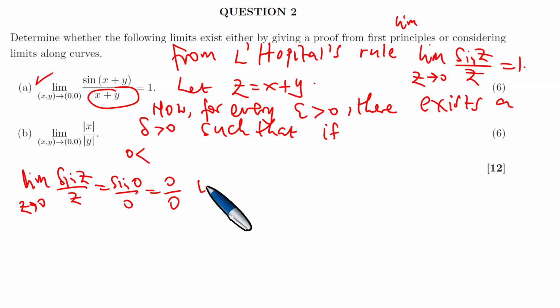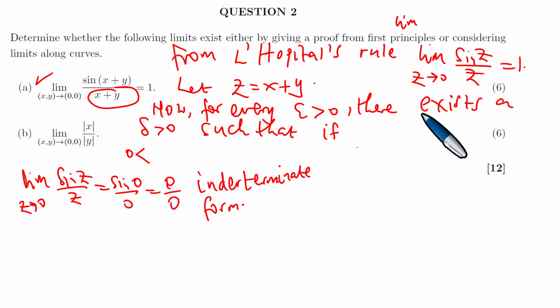And 0 over 0 is indeterminate, an indeterminate form, and therefore we use L'Hopital's rule to evaluate the limit. That is a very popular result in first year calculus.